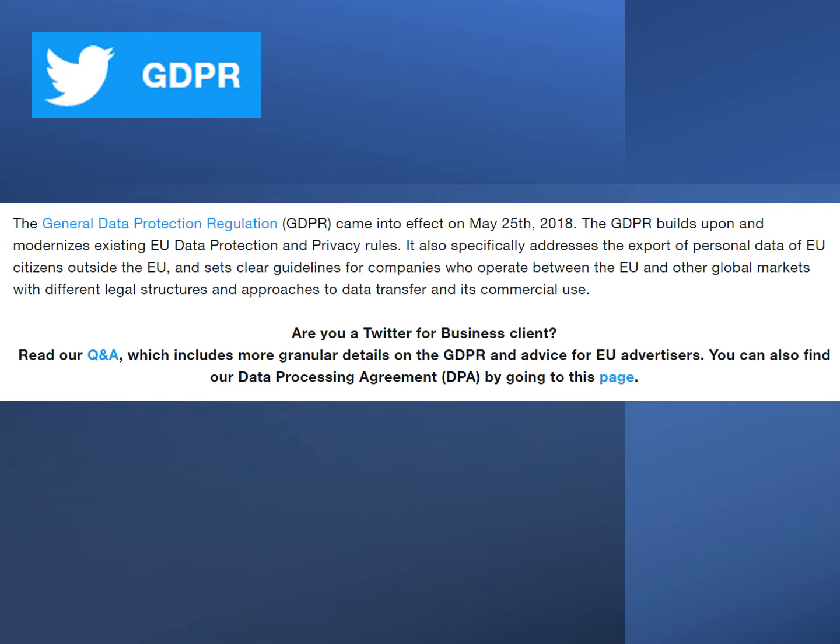It does have information here if you are in the UK, and advice for EU advertisers and their agreement, questions and answers, and all of that. You can go there. But definitely check your individual state or country's policies. Most countries have it. The US just does not, for whatever reason.